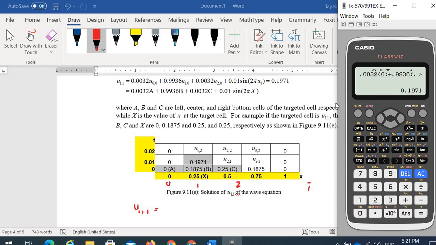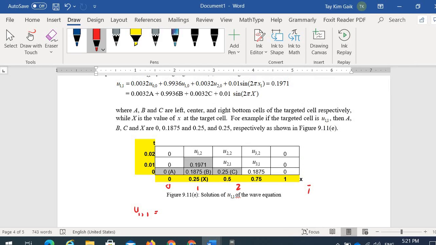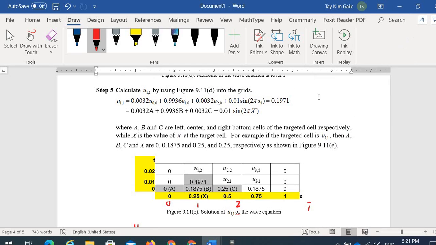It's 0.1971. Okay, I'm going to show you. It means to calculate here, you have to write this one, and before you get this result, you may need to write also what is U00, which is 0, U10, which is 0.1875, U20, which is 0.25.